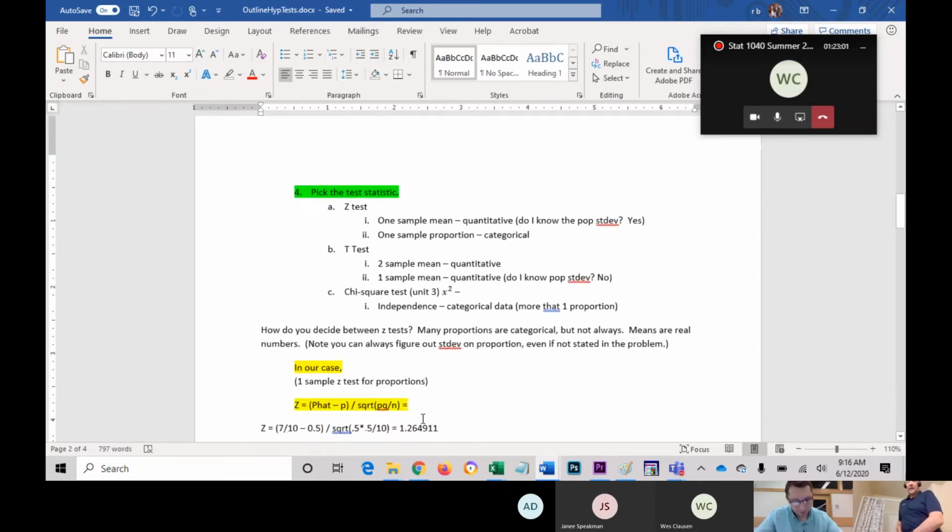Pick the correct test statistic. Okay? And I would like you to write down the A, B, C parts because this is going to be the hardest one. The step 4 is the one that you really need to know almost like the back of your hand. So I'll give you a second to write that down.